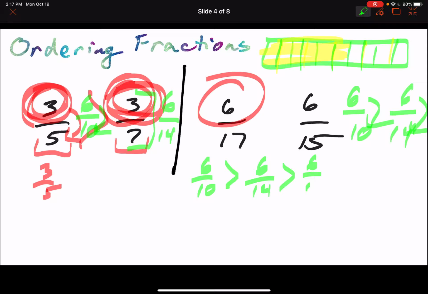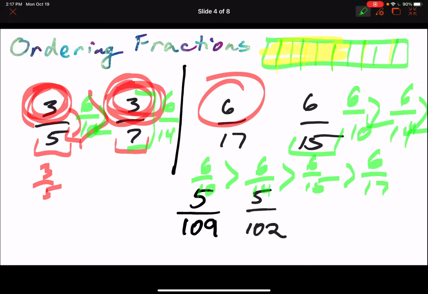And then 6/15ths, right? Because the pieces are getting smaller and smaller and smaller. And 6/17ths, right?